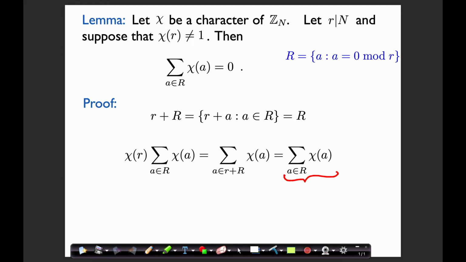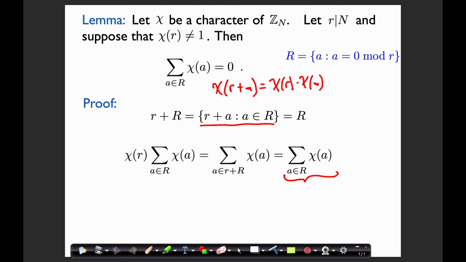If you're in this set, then you're basically of the form little r plus something in capital R. So again we know that chi of little r plus a, from the multiplicative property, is equal to chi of r times chi of a.